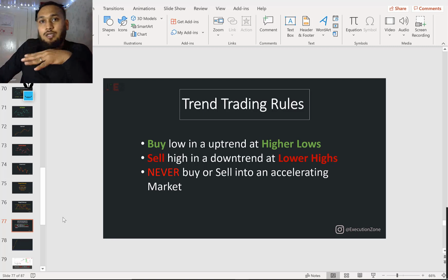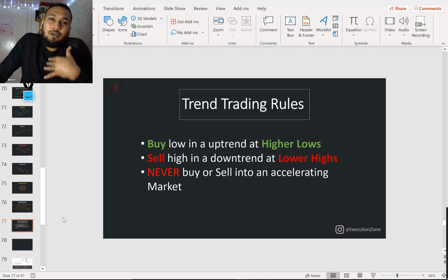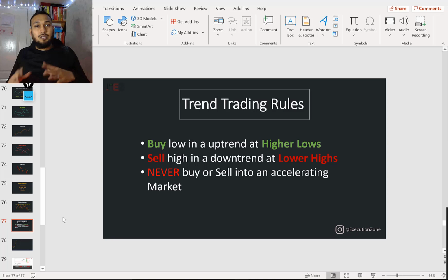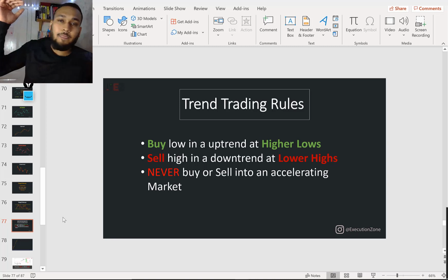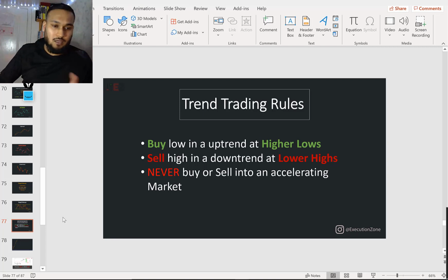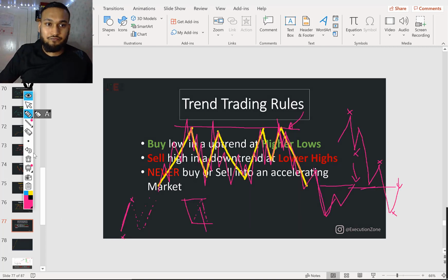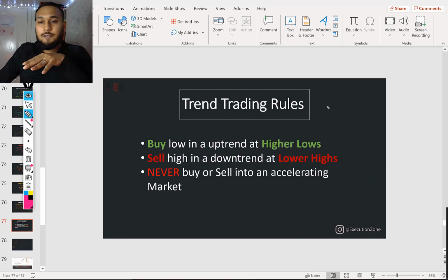If the market's downtrending, you don't want to be looking for buying opportunities in the downtrend, unless you go out into the macro picture and it's trending down into a level where you want to buy. You can see it's creating lower lows and lower highs.